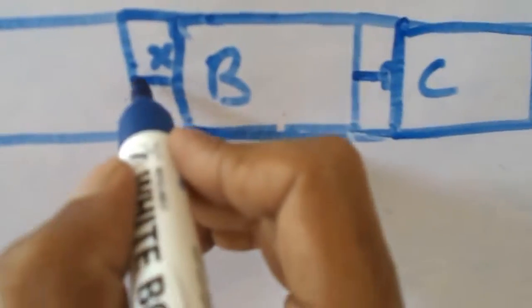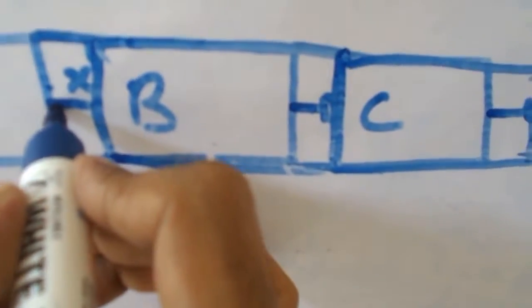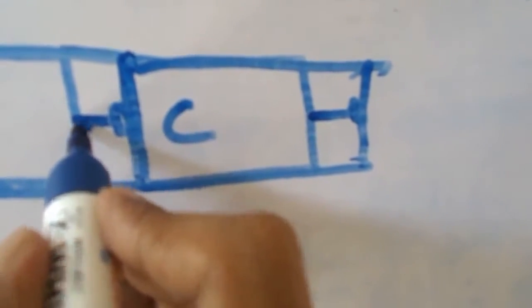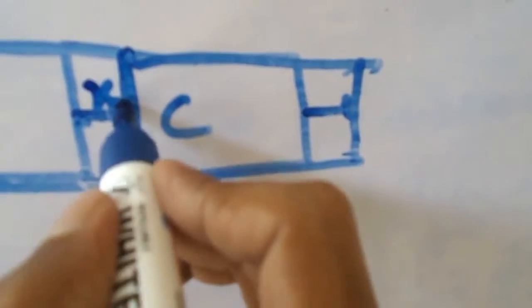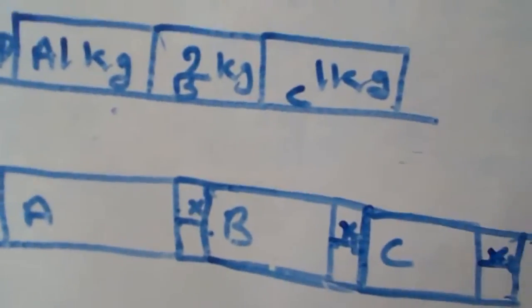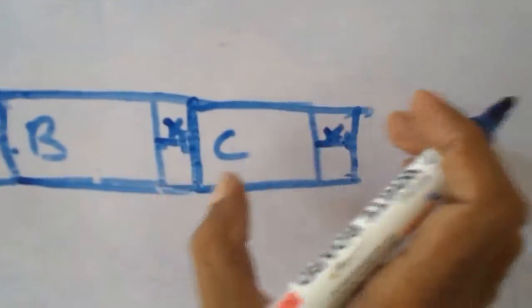So if this movement is X, this side of A moves X, this side of B also moves by X, and side C will be here. It looks very funny to do this question in this manner, but it is necessary, guys. It is necessary to analyze how the motion of this connected body is taking place.